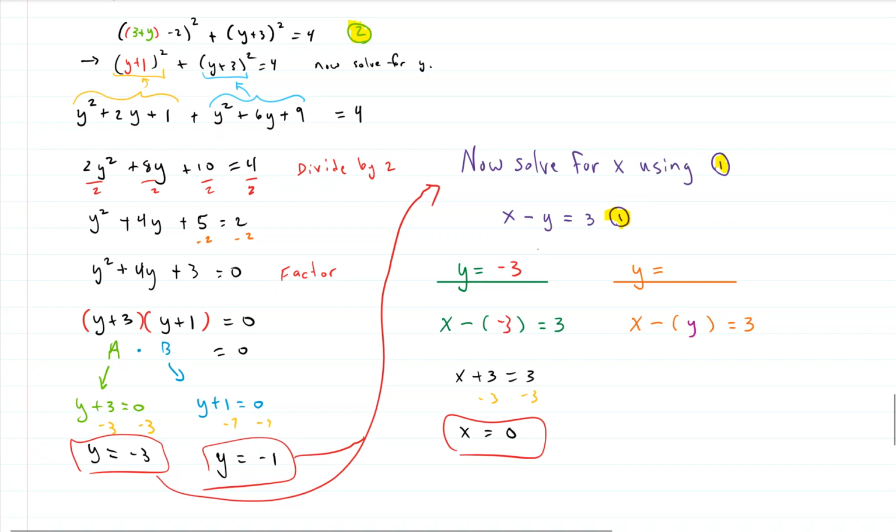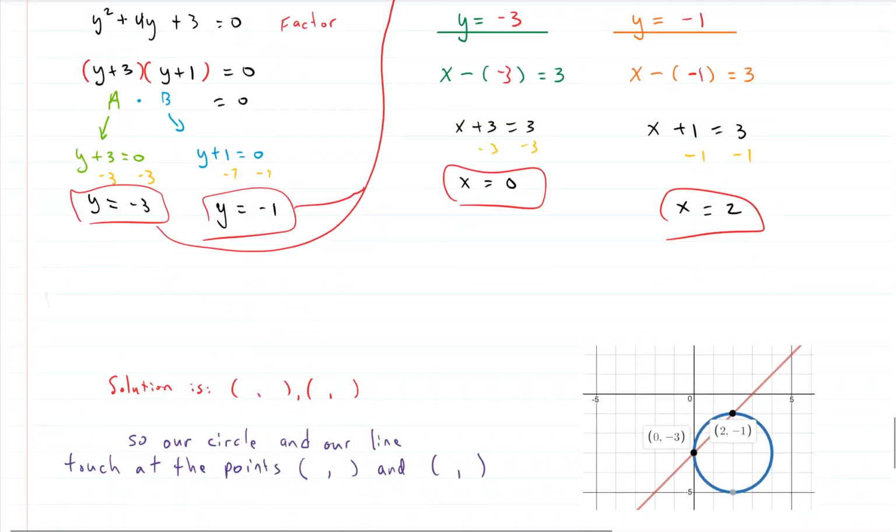How about for y equals -1? That's our second option for y. So we have -1 here. The negative and the negative give us a positive. And we have x plus 1 equals 3. Subtract 1 from both sides. And we get x equals 2. Beautiful. So what does that tell us?